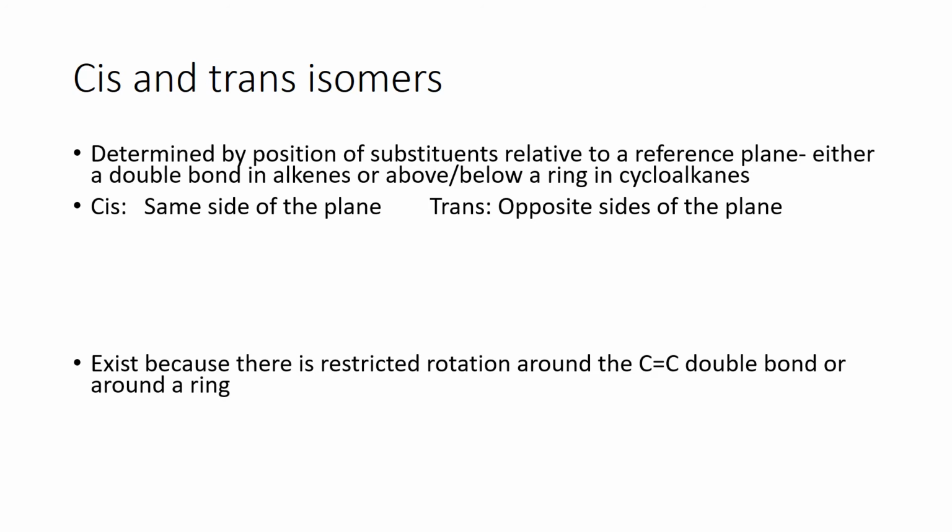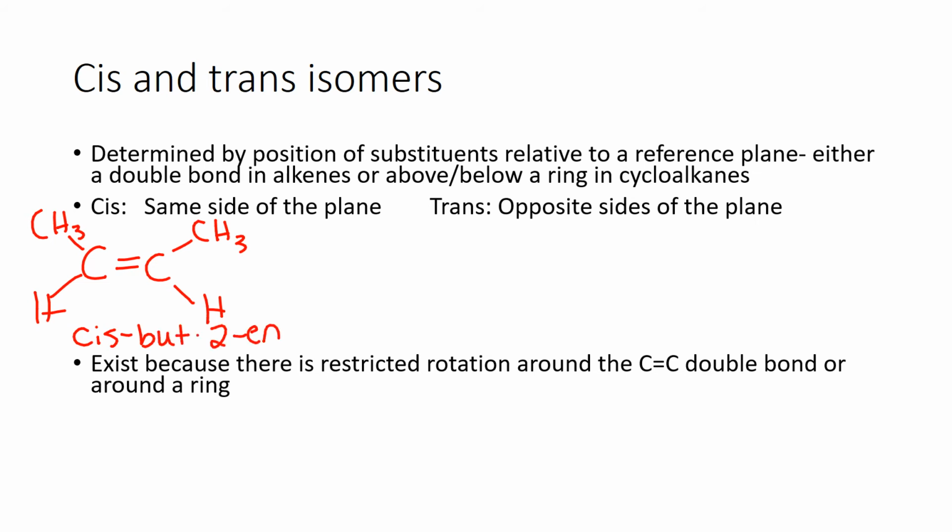A cis isomer might look like this. So this is but-2-ene, and in the cis isomer, both of the methyl groups are on the same side of the reference plane, which is the double bond.